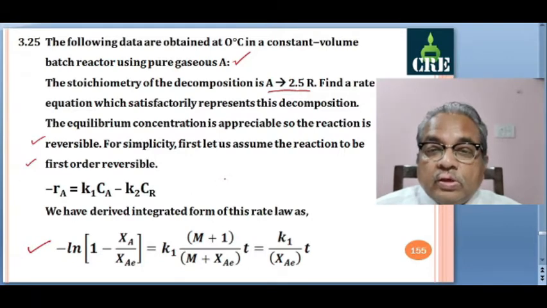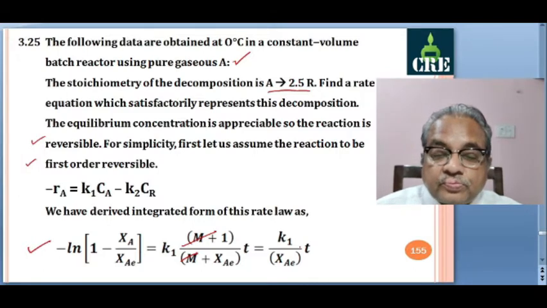Here no R is initially present, you start with pure A, that means CR0 is 0, and CR0 by CA0, that is M, is also 0. So simply you are left with k1 divided by XAE into t. So we have to test this with this data.